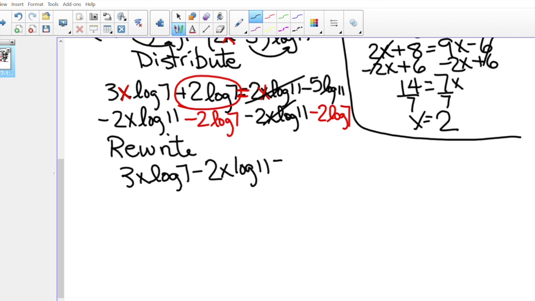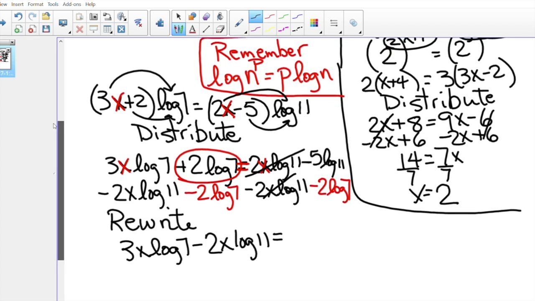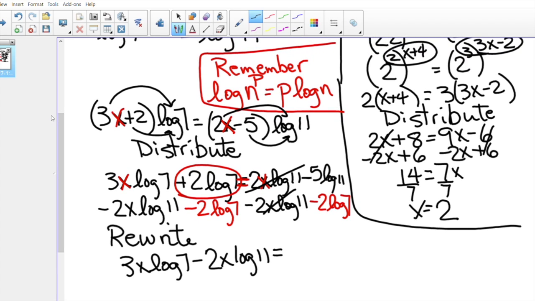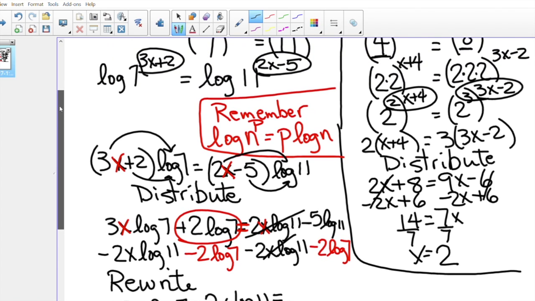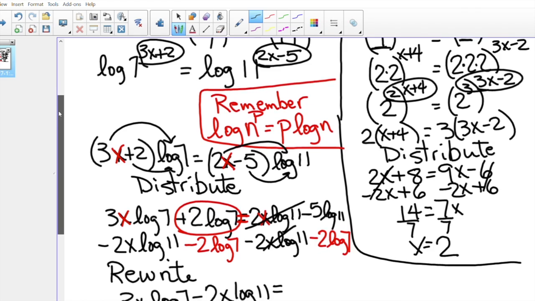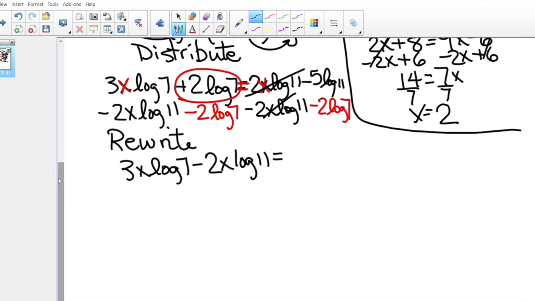So you have to rewrite negative 5 log of 11 minus 2 log of 7.